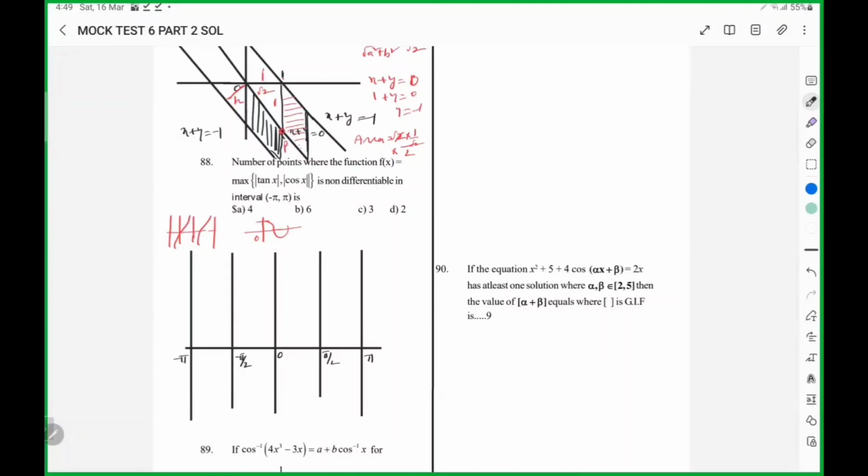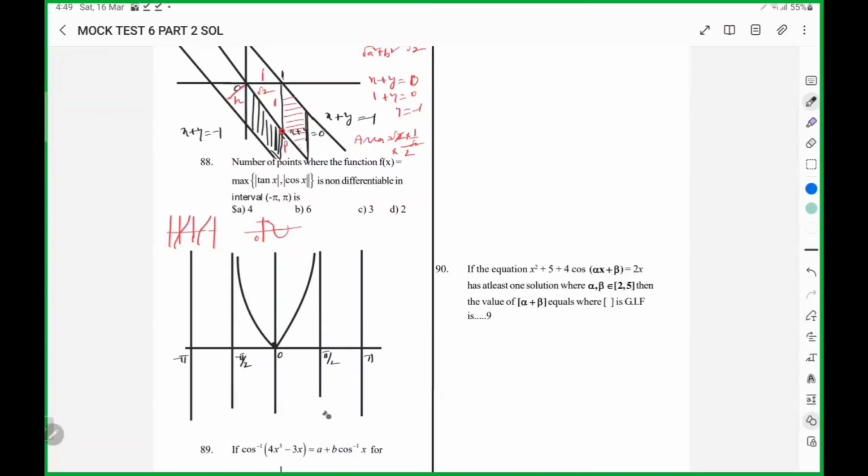so tan 0, so this negative part, once you take modulus, mod of tan x becomes like this. Again, tan 90 plus, it will be infinity.